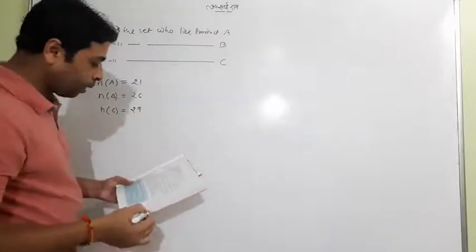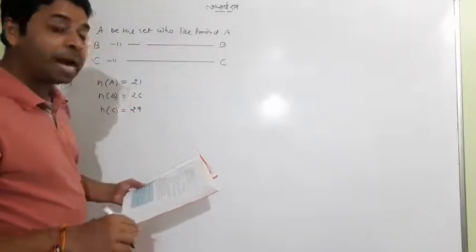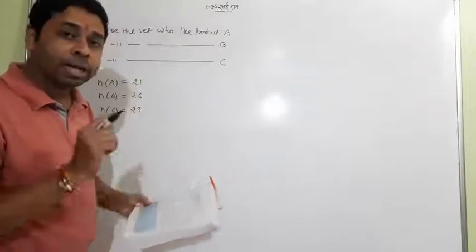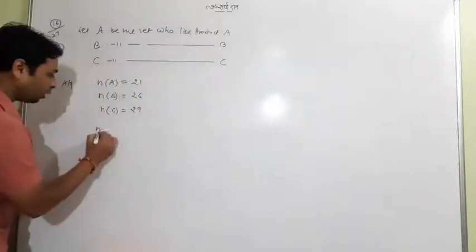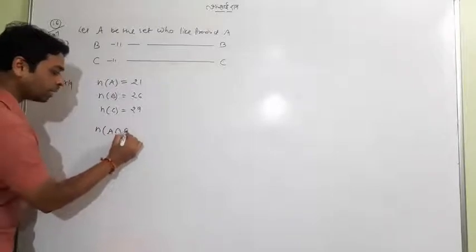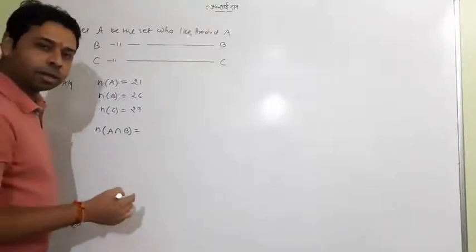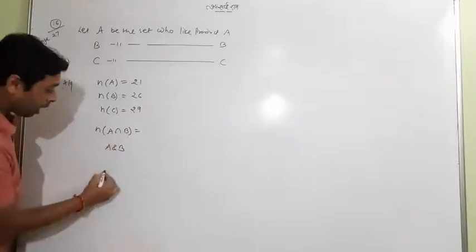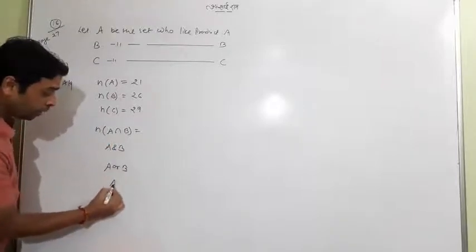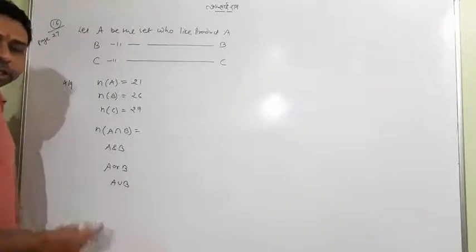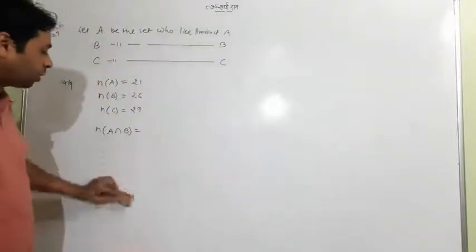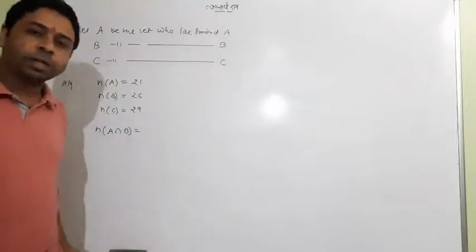Now read more. 14 people like product A and B. You know, I taught you that the word 'and' always follows intersection. A and B means A intersection B. A or B means A union B. So keep these sentences in mind; they are very important. Initially, when I taught you intersection, I definitely told you that.